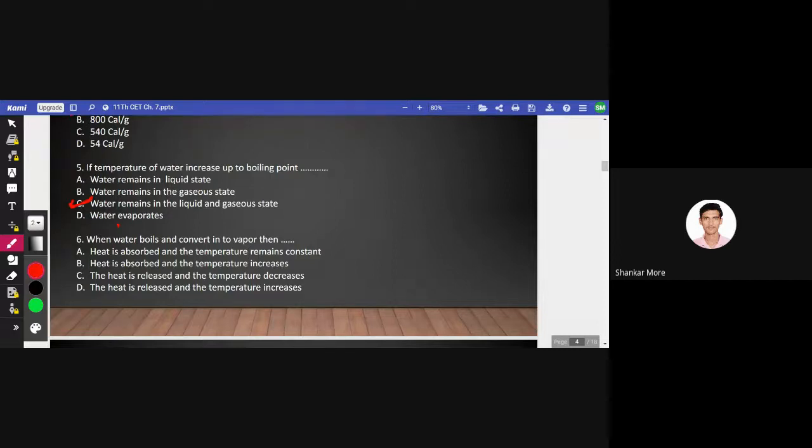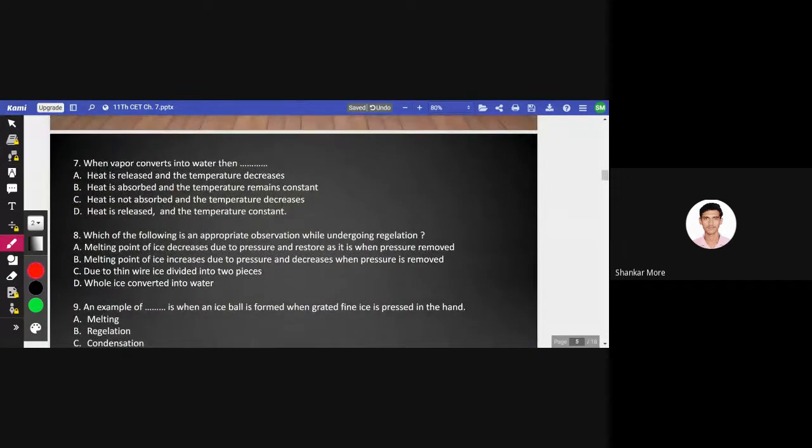D or A? It is A. Okay, option A is correct for this question. Let's go to the next question. When vapor converts into water, then what happens? Then heat is released and temperature remains constant. Right? So option D is correct for this one.